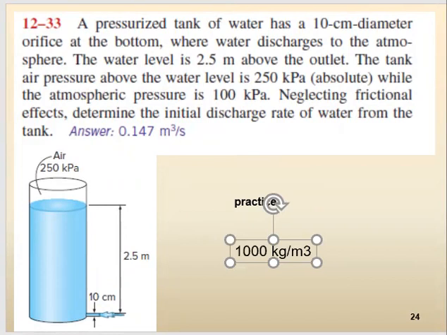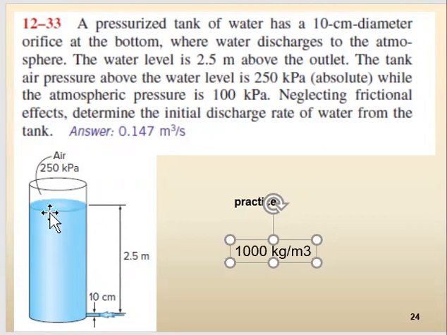So my suggestion is you take point 1 at the free surface of the tank and point 2 at the exit of the orifice, which is also taken to be the reference level. So Z at point 2 is equal to 0. One other assumption that you may need to make is that the velocity at the free surface is also 0.